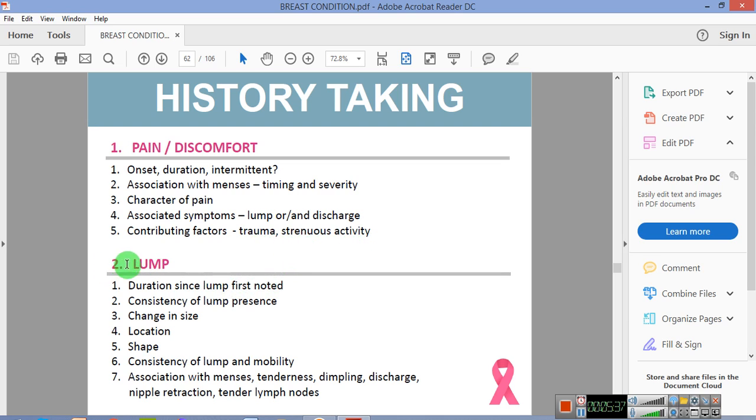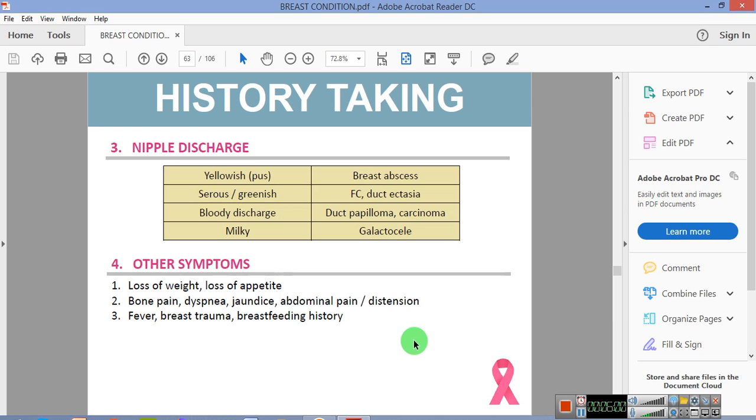Likewise, you can ask about the lump: duration since lump was noted, consistency, change in size, location, shape, mobility, association with menses, tenderness, dimpling, discharge, nipple retraction, tender lymph nodes.